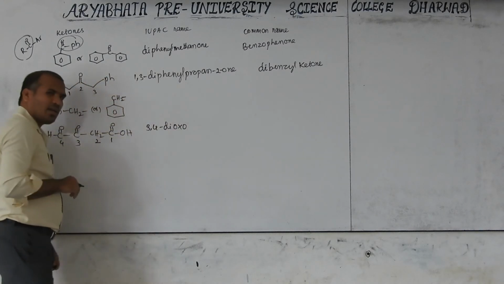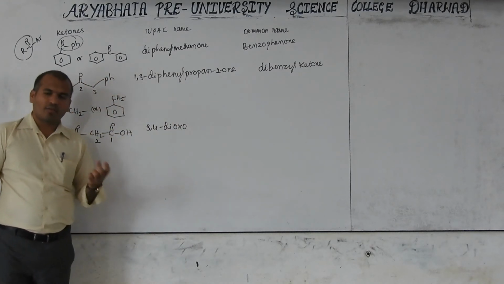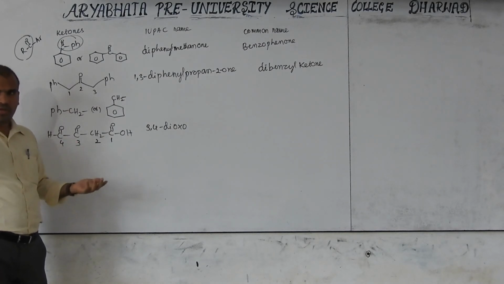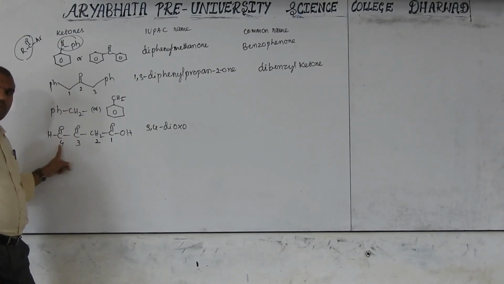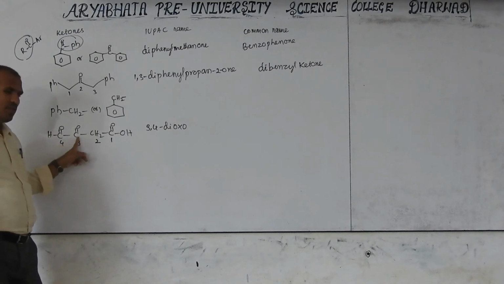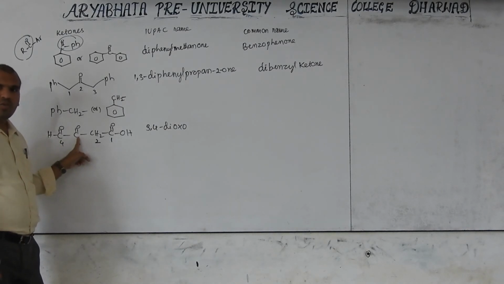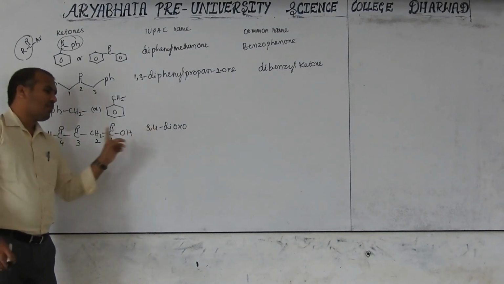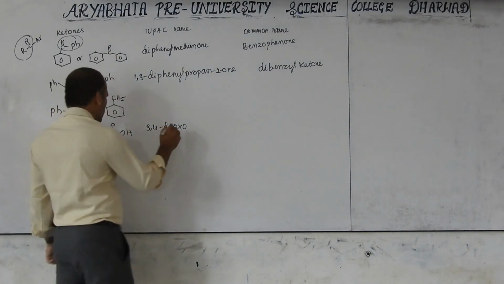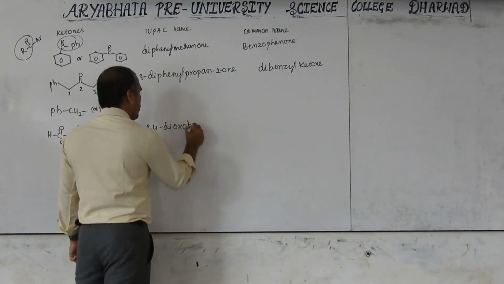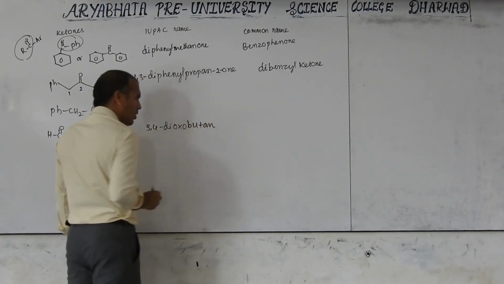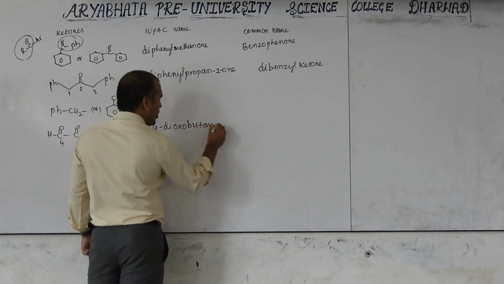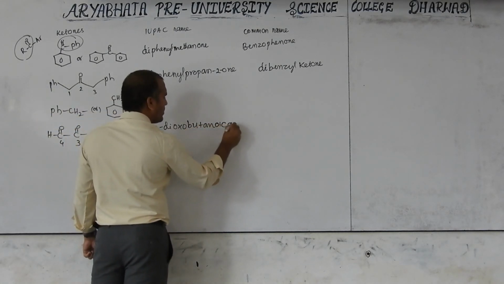You may remember that in the last class I gave the substituent names for aldehydes and ketones. The aldehyde substituent name is formyl also. The keto substituent name is keto or oxo. So better which one? Oxo. That's why I am writing 3,4-dioxo. Total how many carbons? 4. Butane, remove E, add oic acid: butanoic acid.